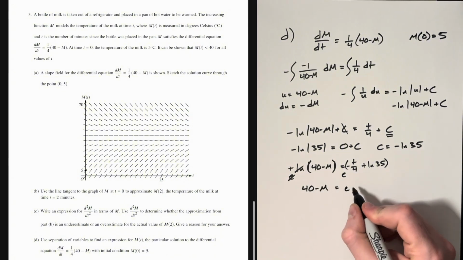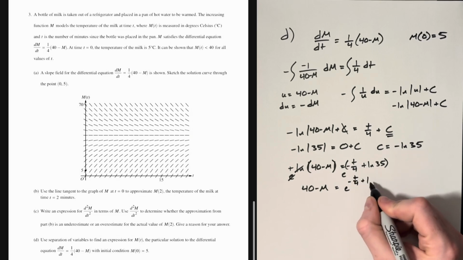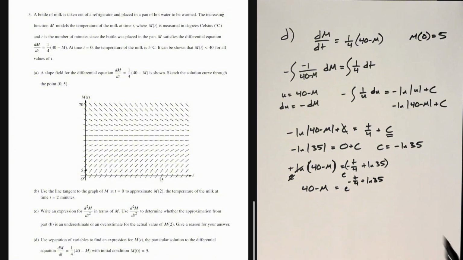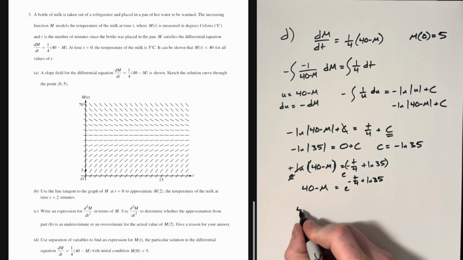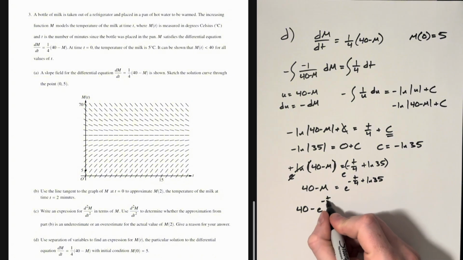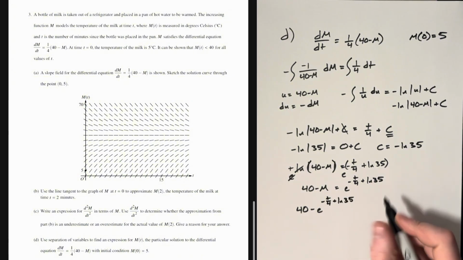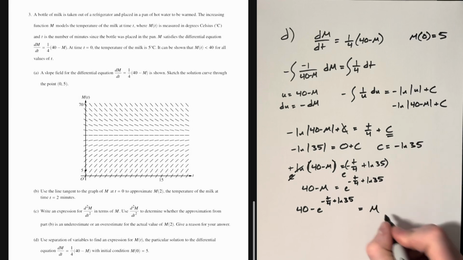And on the right side, I get e to the negative t over 4 plus the ln of 35. So now in order to isolate m, I could add m over, subtract this over, and I get 40 minus e to the negative t over 4 plus the ln of 35 is equal to m.